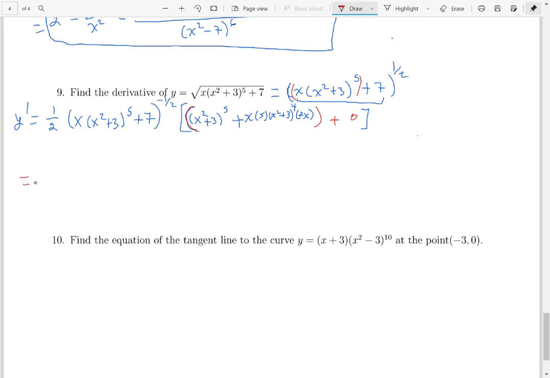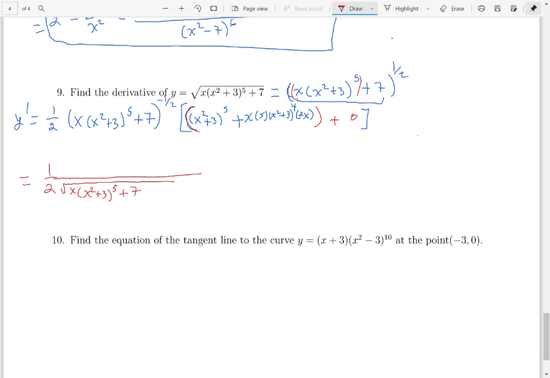Alright, let's clean it up. That's going to be negative 1/2, that's the square root of x times x squared plus 3 raised to the 5th, plus 7.